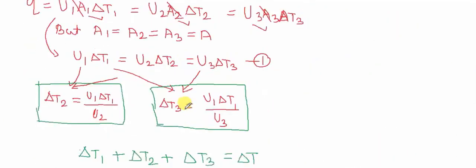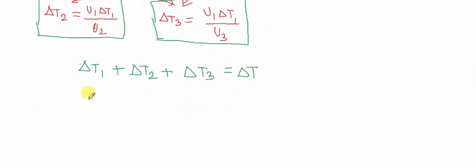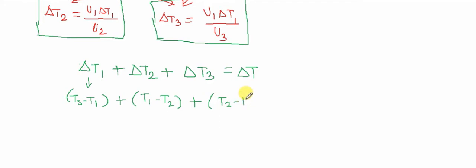So the total temperature difference is Ts minus T1 for the first effect, plus T1 minus T2 for the second effect, plus T2 minus T3 for the third effect.